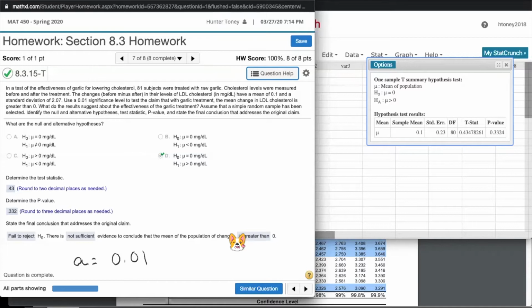So our p-value is 0.332 and our alpha is 0.01.